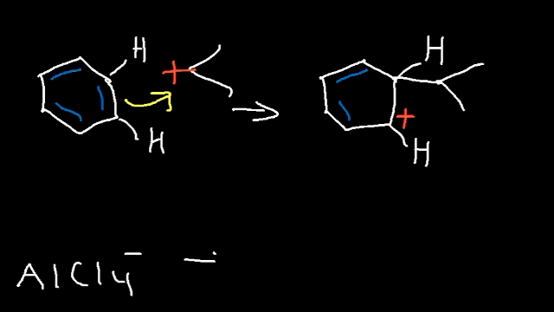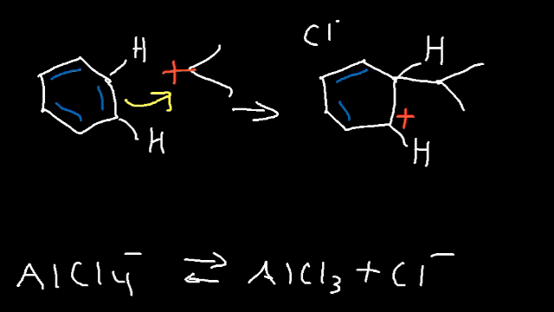AlCl4 minus is in equilibrium with AlCl3 and Cl minus. So let's use the chloride ion as a weak base. So this can take away the hydrogen, and the electrons in the carbon-hydrogen bond are going to be used to regenerate the double bond.